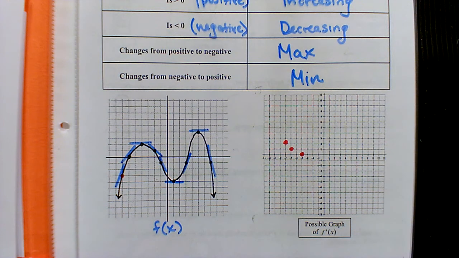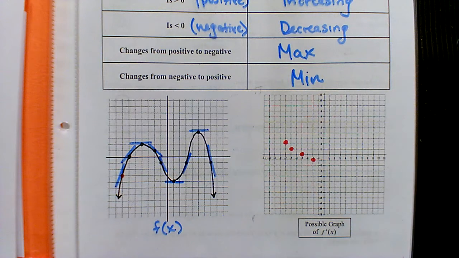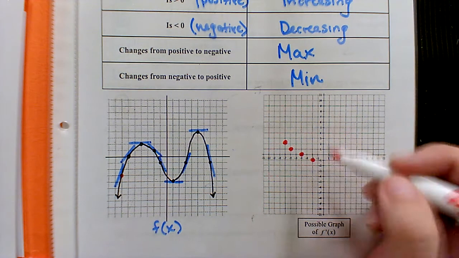Maybe -1? About? Let's see, our next dot's at -1. The slope at that spot. About -2? Okay.